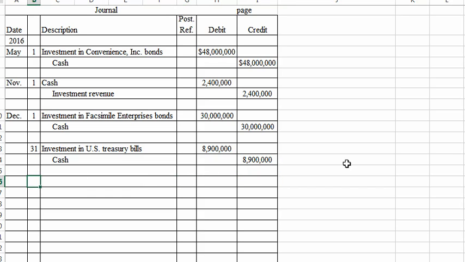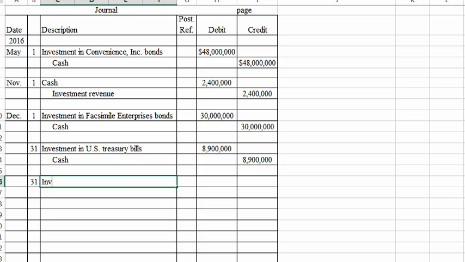Okay, then on the 31st, record any necessary adjusting entries relating to the investments. We will have earned some interest on some of these investments by December 31st year end, and we need to make the adjusting entry to record that. So this entry is dated the 31st. What's happened here is we have earned some interest on the Convenience bonds and on the Facsimile bonds that we haven't received yet. So we want to make an adjusting entry to record that.